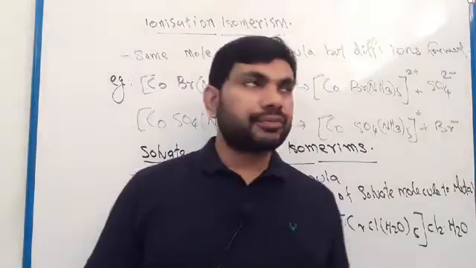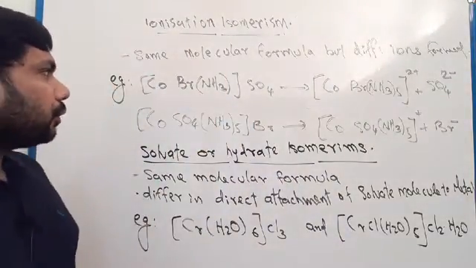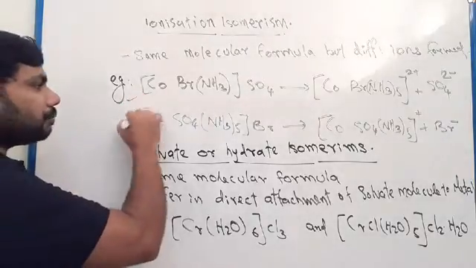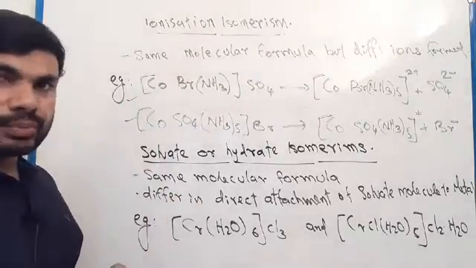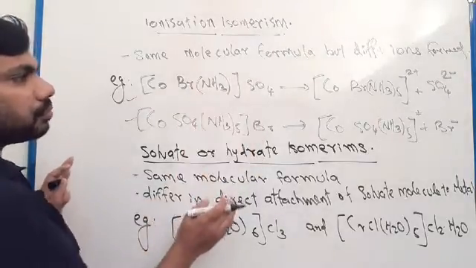First one, ionization isomerism. Look here, these are two examples for ionization isomers. Ionization isomers have the same molecular formula.